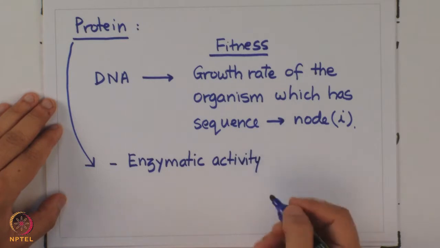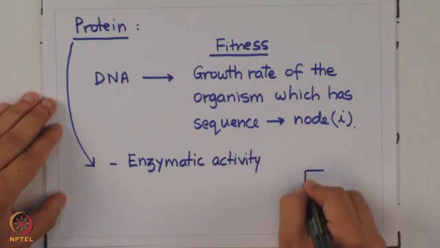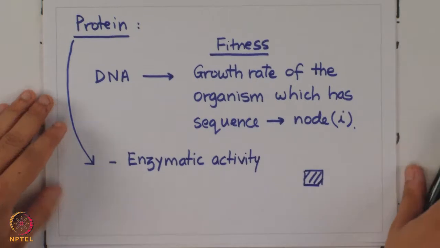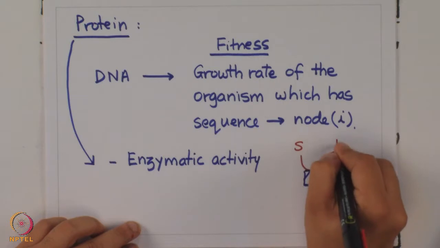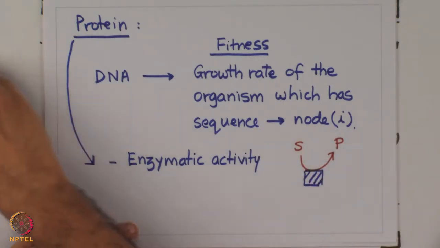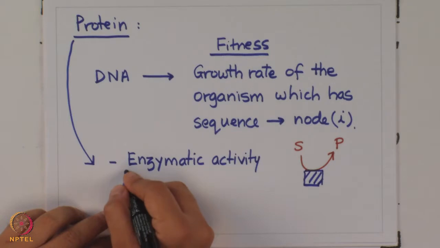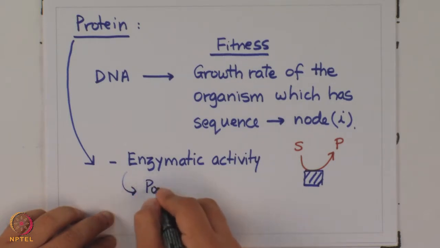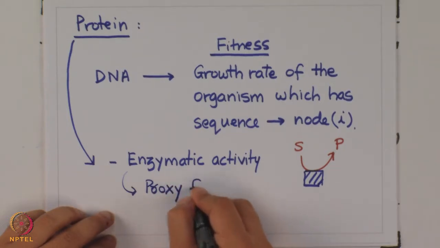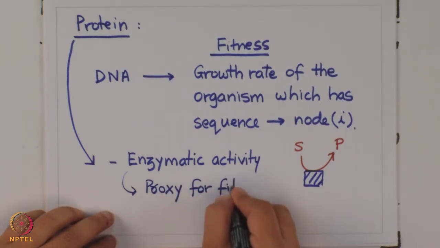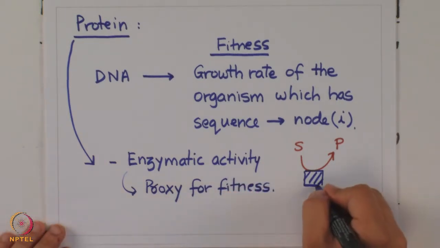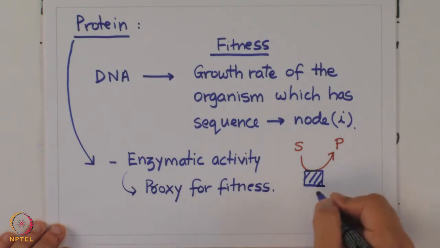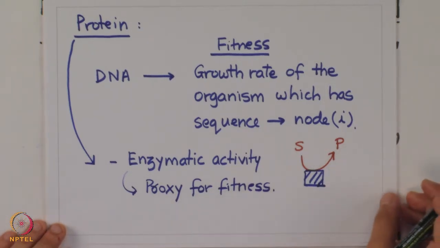and that's so if you have an enzyme E and this catalyzes a reaction going from substrate to product, a proxy for fitness is just the enzymatic activity of a particular sequence of a protein.